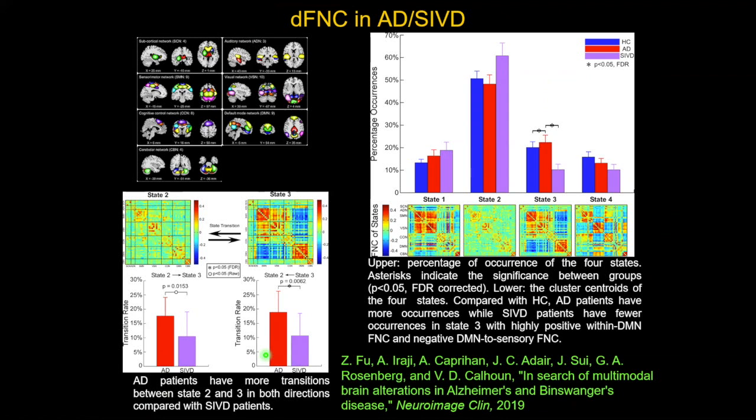And so here's just one example looking at subcortical ischemic vascular disorder and autism disease. And so we found significant differences in the dynamic parameters, looking again at dwell time in the different states between this vascular type of AD and AD itself.